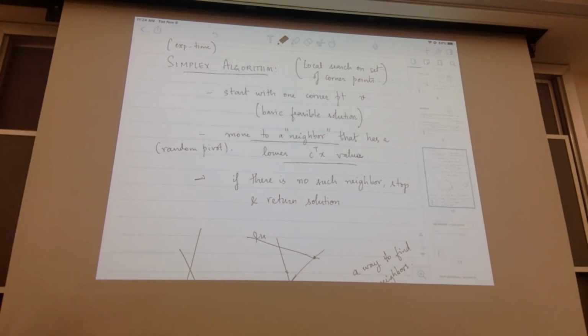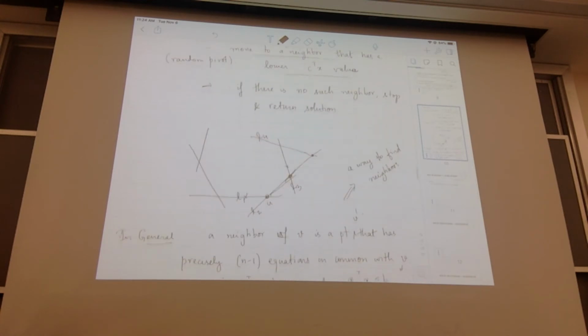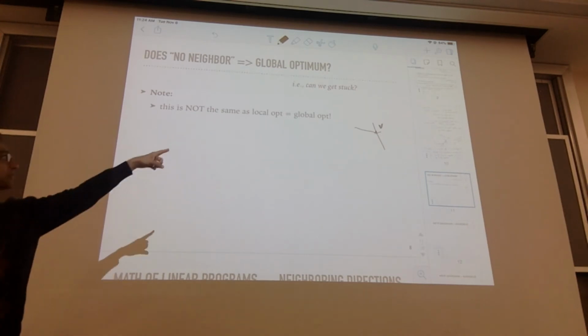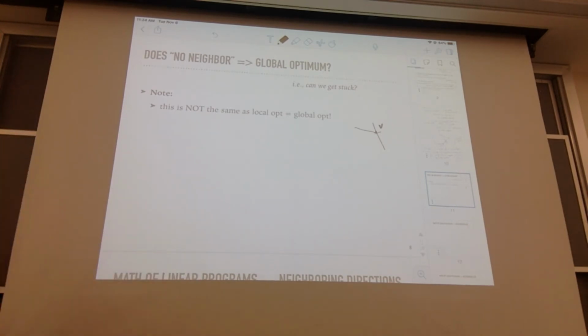Could it be that you have some V here, at which point you are currently, and maybe the true optimum is this V star, but these neighbors were not very useful?